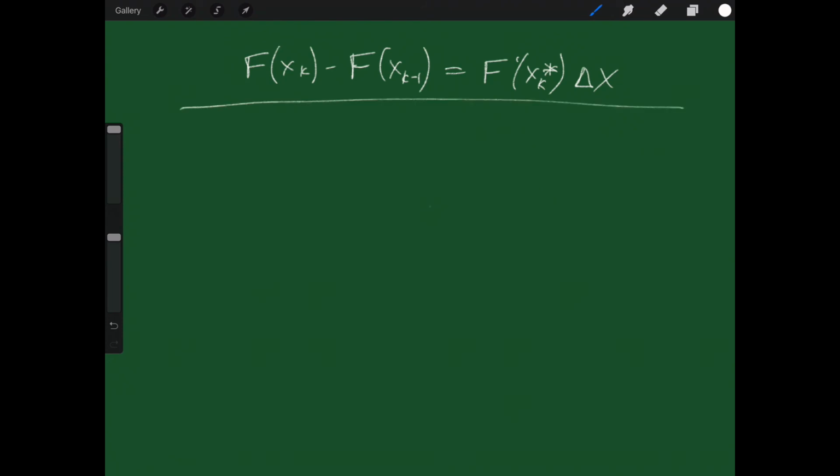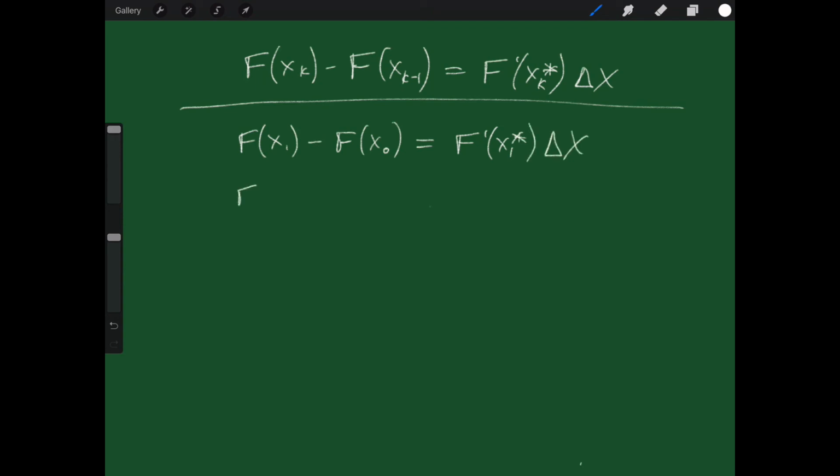If that's true for every value of k, let's write it out for a few values of k. So let's say that k is 1. I get that capital F of x sub 1 minus capital F of x sub 0 is equal to f prime of x sub 1 star times delta x.